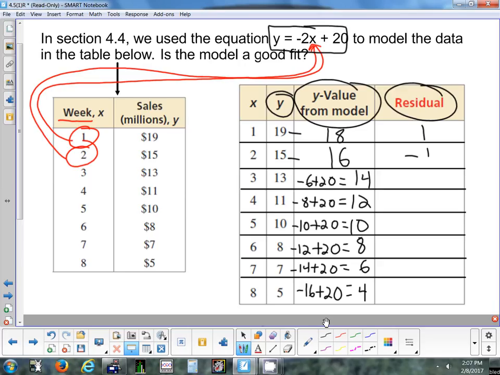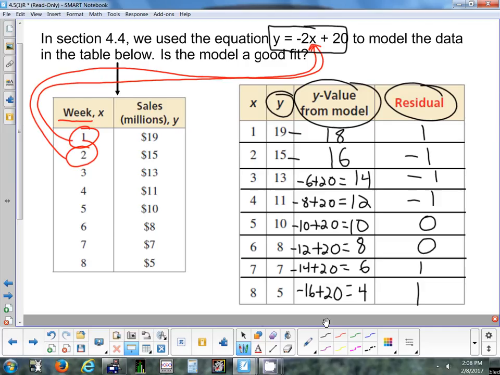Negative 1. 13 minus 14. 11 minus 12. 10 minus 10. 0. What's the next residual? 0 again. Next one? 1. And the last one? 1.